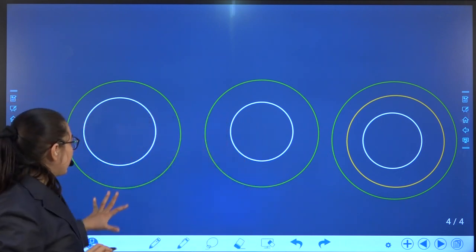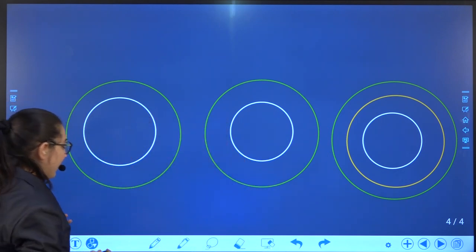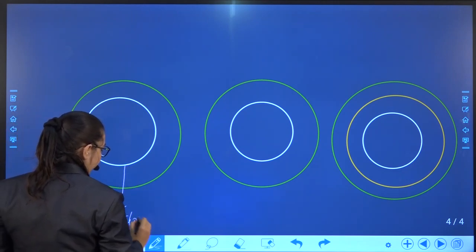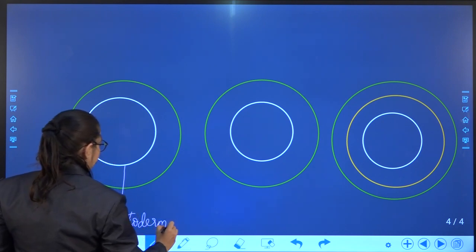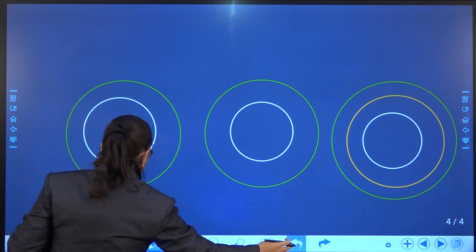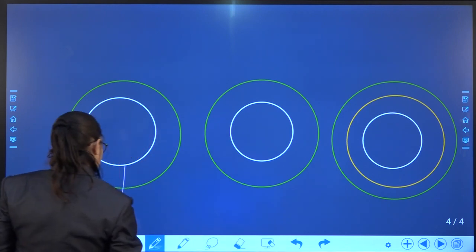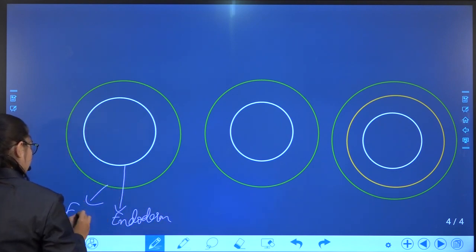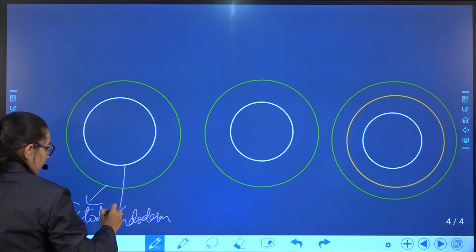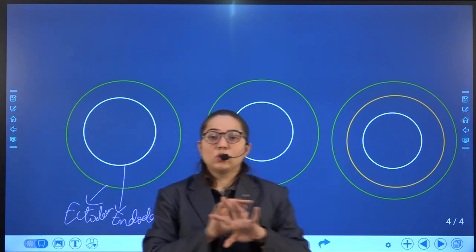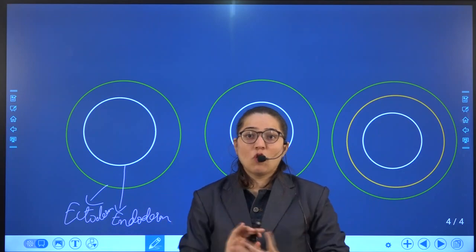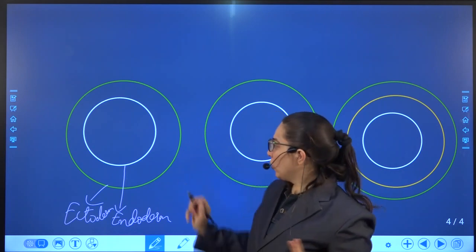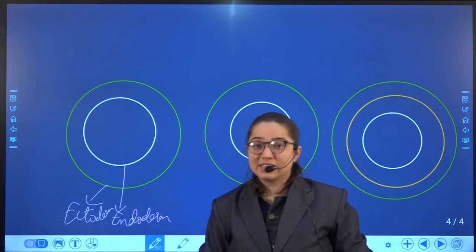Now in the diploblastic, between the ectoderm and endoderm, if there is no coelom, that is, no fluid is there. What is the meaning of the word coelom? Fluid. If there is none between the two, then it is acoelomate.